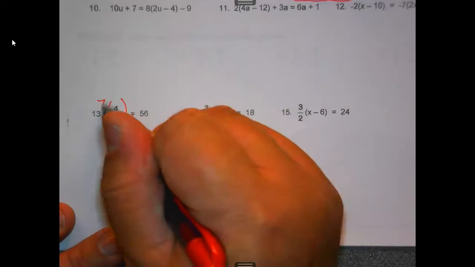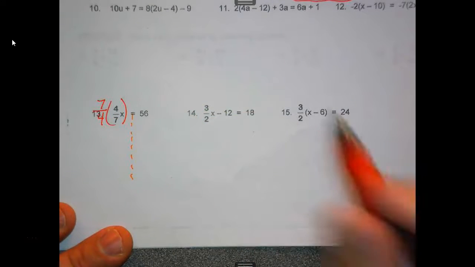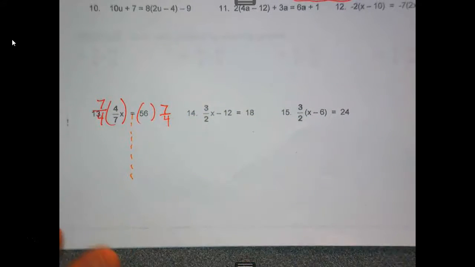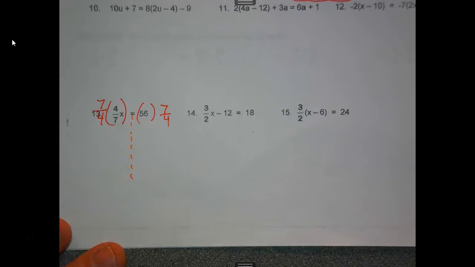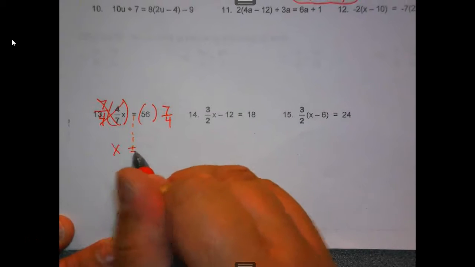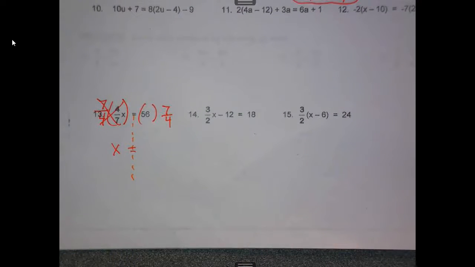Multiply it by its reciprocal. These cancel out the 1. I get x. 56 times 7/4. Let's see, that would be 14 times 7, 98. You calculator people, is it?